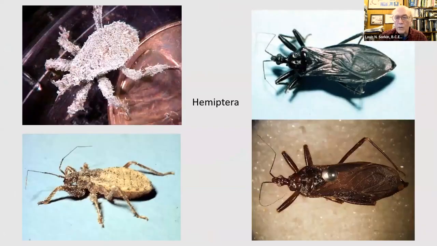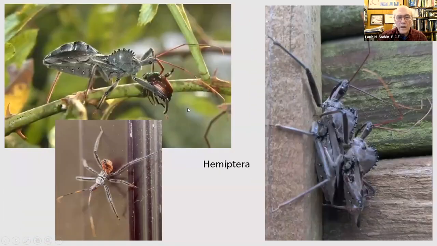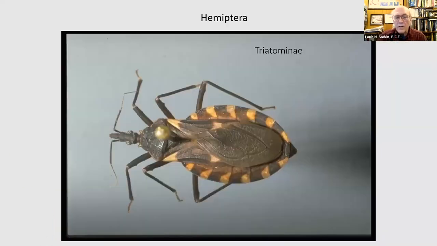And reduviids, there's a masked hunter where the nymph is covered in dust. And a wheel bug, just showing you some of the nymph stages and adults here. And a reduviid, this is one of the blood feeding, kissing bugs, which can transfer trypanosomes if they're infected.